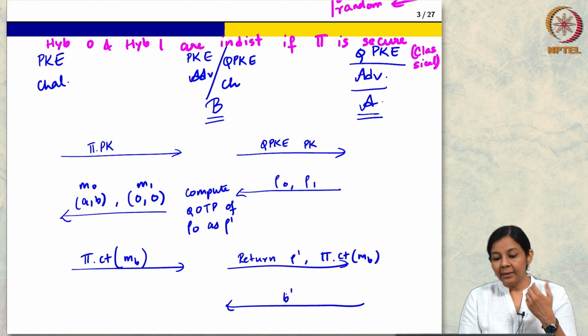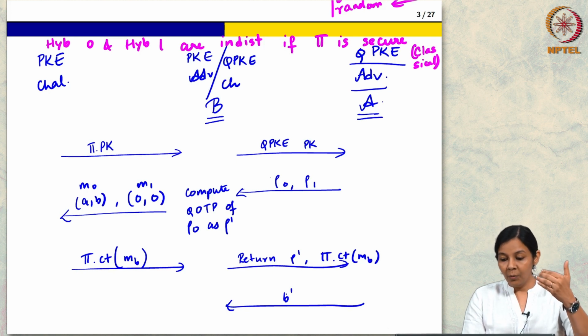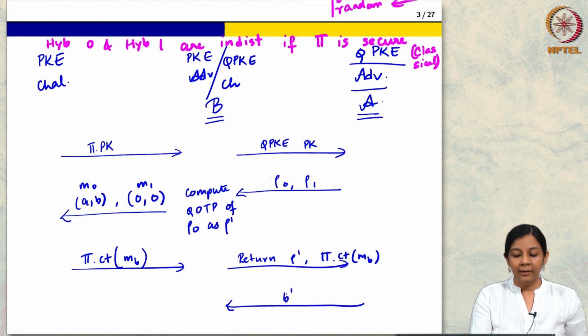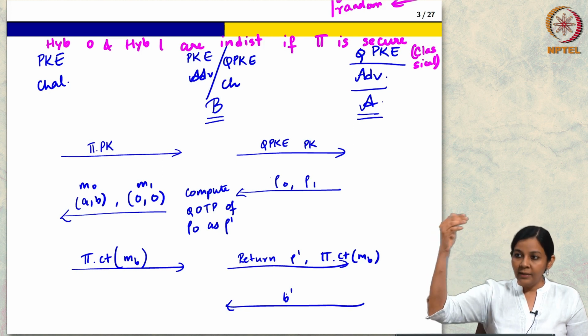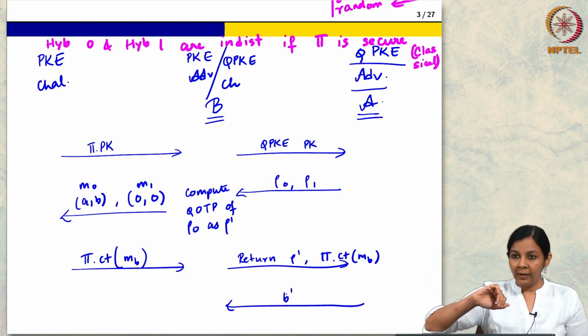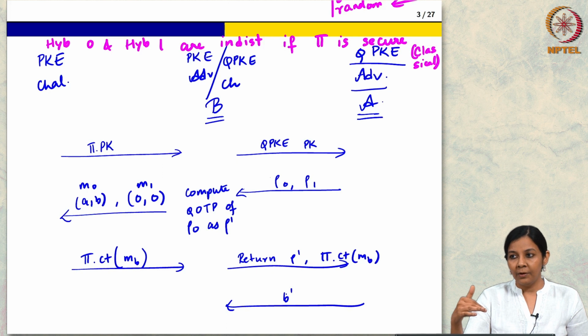Note that if I am in hybrid 0, then I get to see an encryption of AB. If I am in hybrid 1, I get to see an encryption of 0 0. So, I gave my QPKE adversary A exactly the distribution of either hybrid 0 or hybrid 1, and I am asking it to distinguish between them.